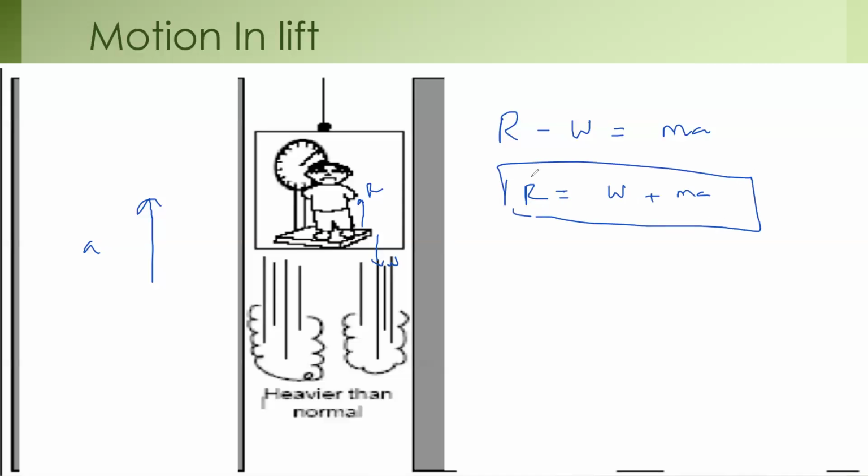Means the normal contact force will be greater than the actual weight. And if the normal contact force is increasing, because the normal contact force is a reaction force, it means the downward force is also increasing. That's why whenever the lift is accelerating upward, you will feel heavier than normal.